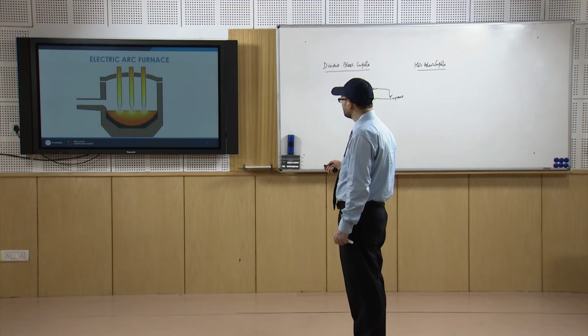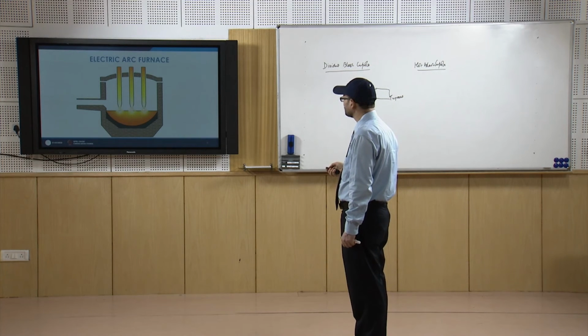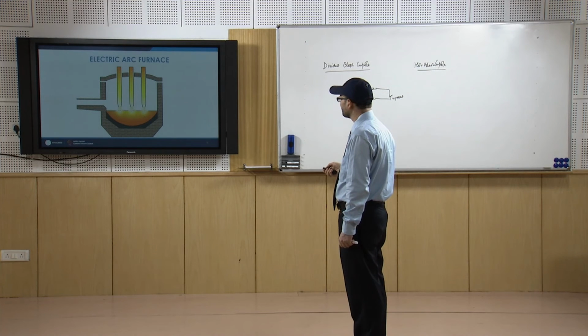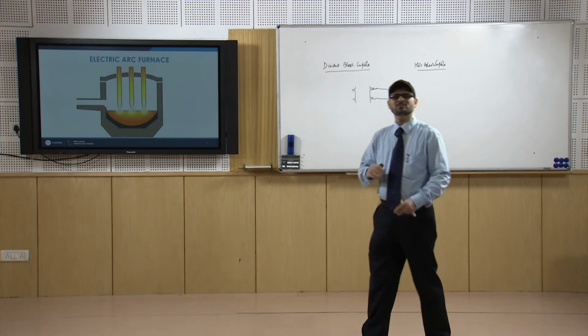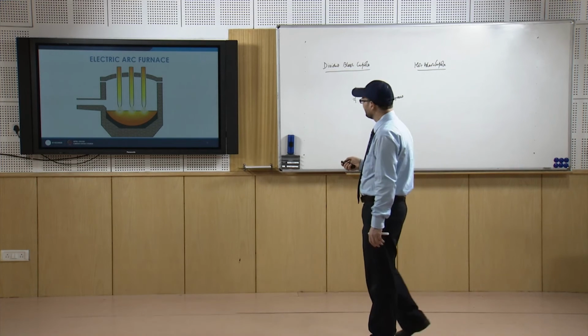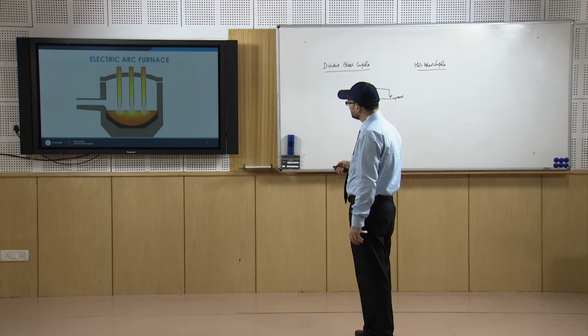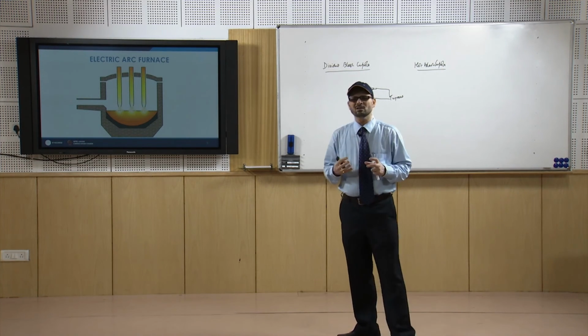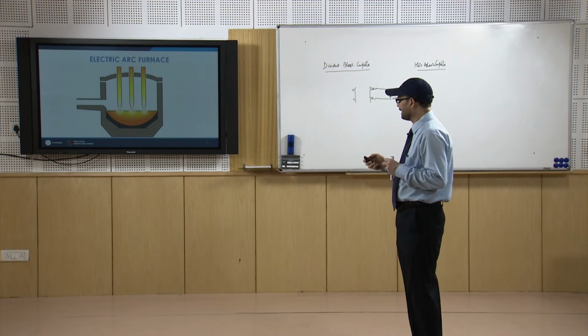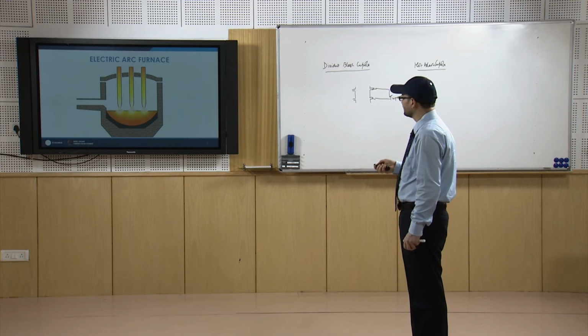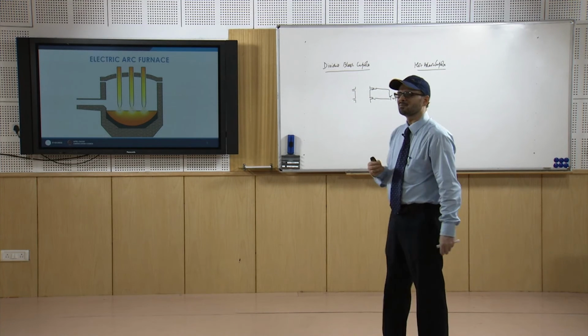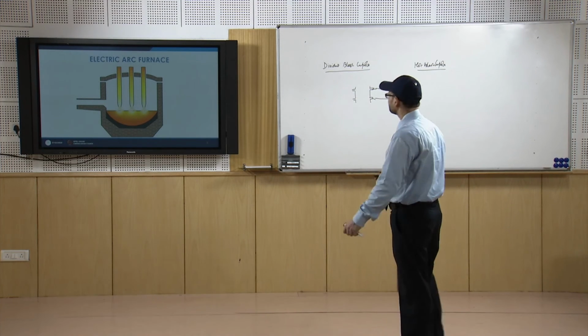This spark is in direct contact with the metal. Because of the resistance offered by this metal, the spark is generated, and this spark results in the melting of the metal, and soon the metal comes to a liquid state.